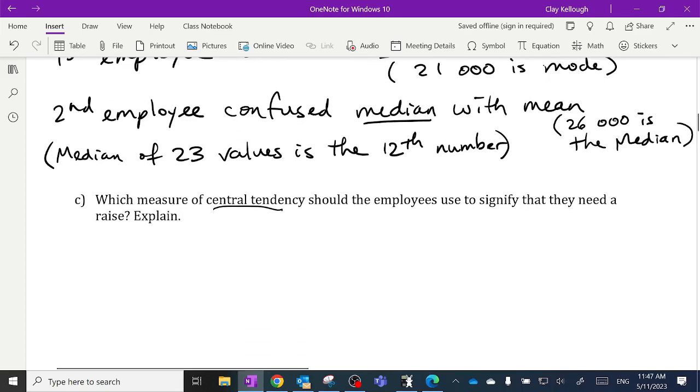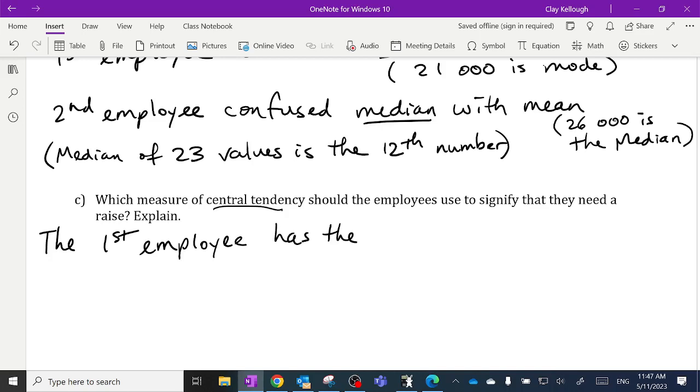Well, I would say the first employee, the one that actually messed up and used mode, has the smallest measure of central tendency. I'll just say measure. I could again say the smallest average. Again, that's not a technical word. You can use mode as your average.